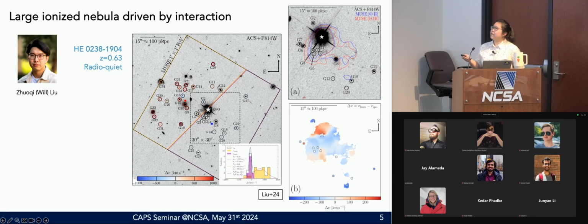From the velocity dispersion, it seems like two different sets of galaxies are merging. In part of the spectra we see a broadened line profile, which indicates there might be some AGN outflow.